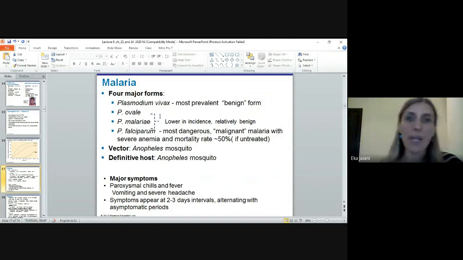Just briefly, these three, Plasmodium vivax, ovale, and malariae, cause relatively benign malaria, while falciparum is the most dangerous and has a very high mortality rate. It is transmitted by Anopheles mosquitoes. In the past, until the beginning of the 20th century, we also had malaria in West Georgia because this vector is distributed in Georgia as well.